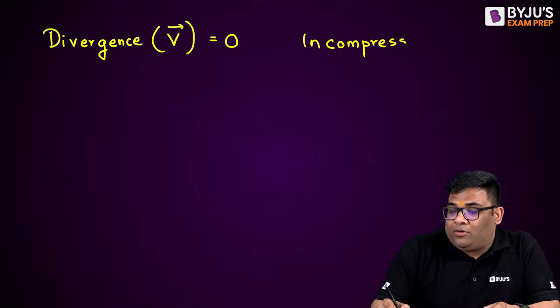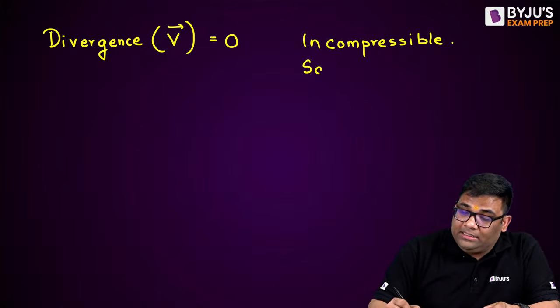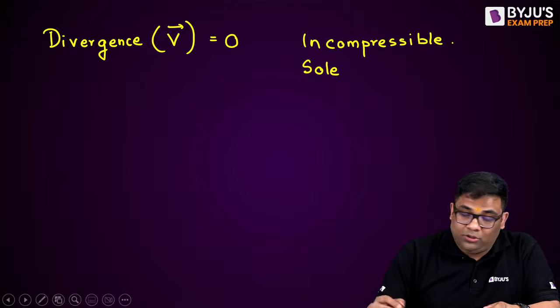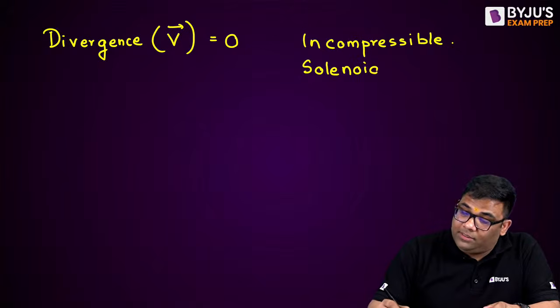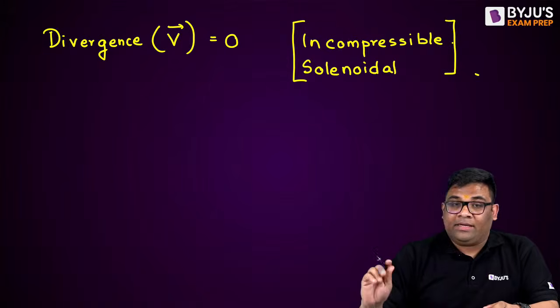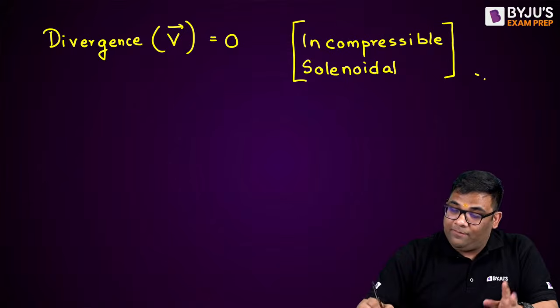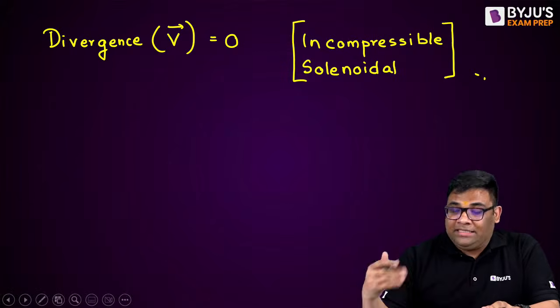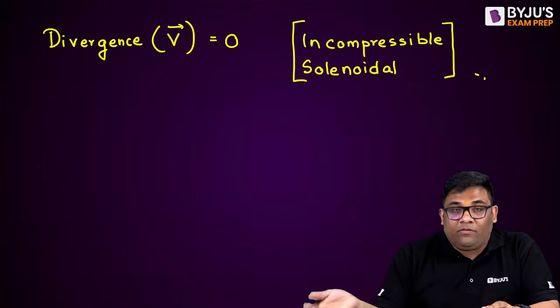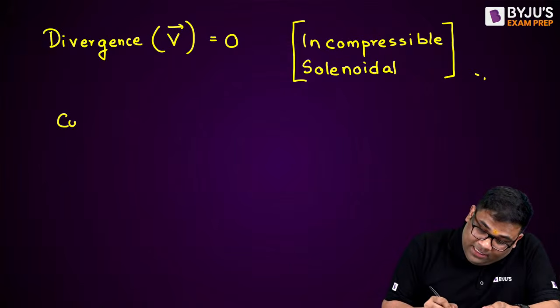We'll not go into fluid mechanics. For electrical engineers it is solenoidal, right? We'll not go into the physics of this because that will be confined to those branches. But either the fluid is incompressible, or for electric fields we can say it is solenoidal, right?